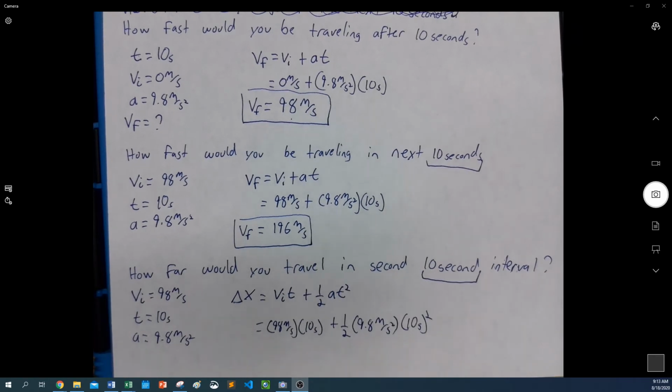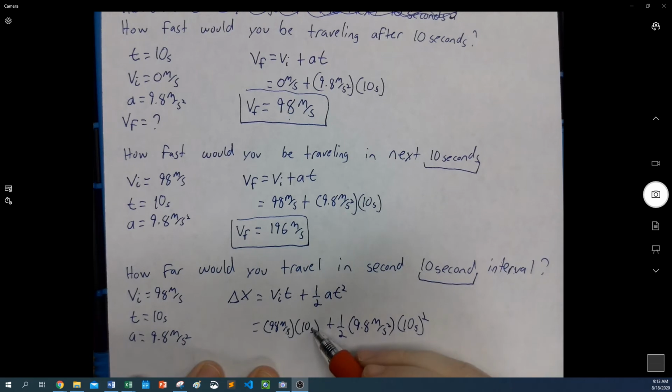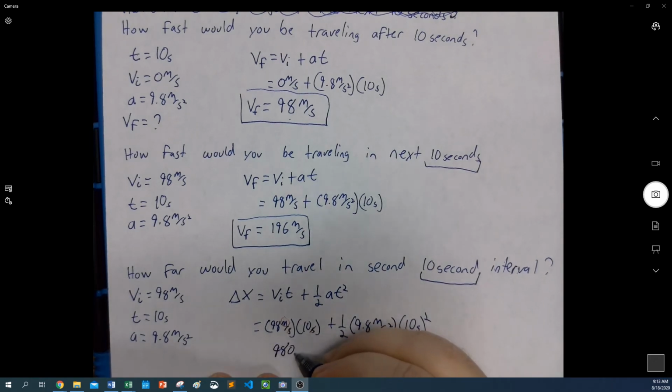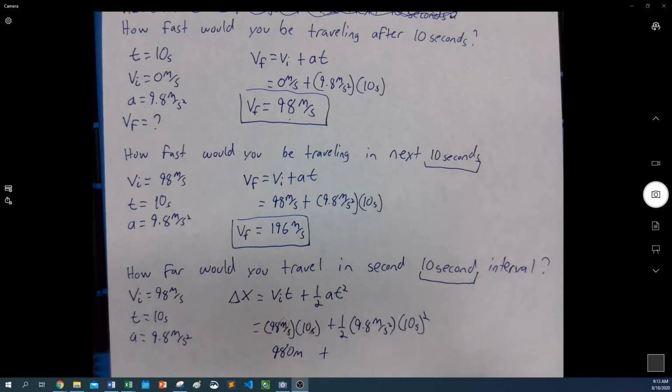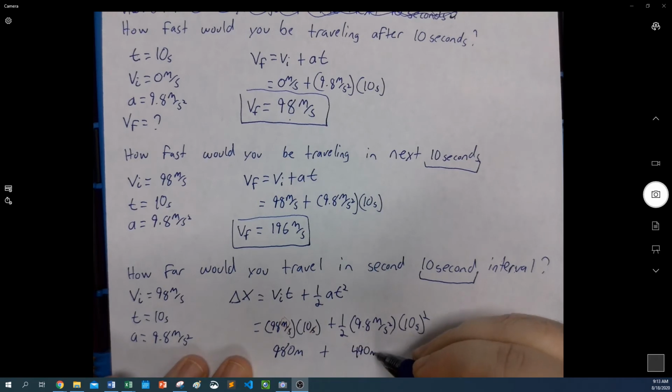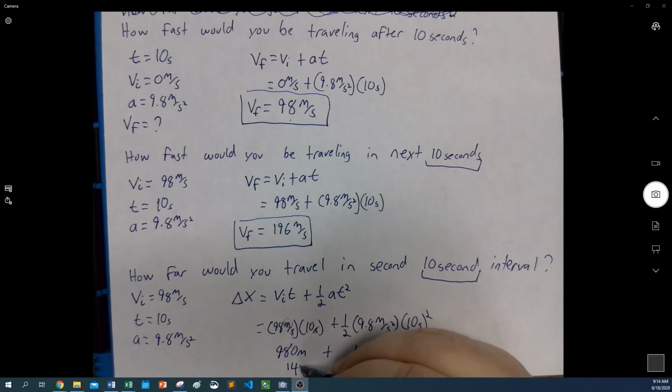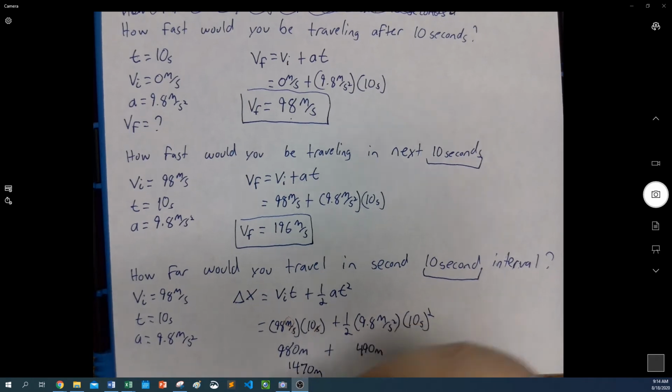In this, the seconds will cancel out, leaving us with just meters. So that would be 980 meters plus 490 meters. These two will add together to be 1,470 meters.